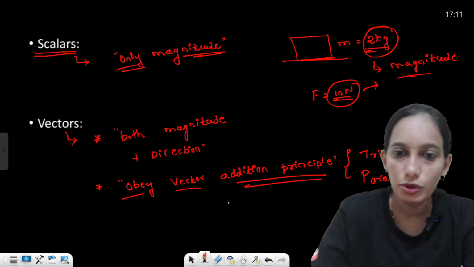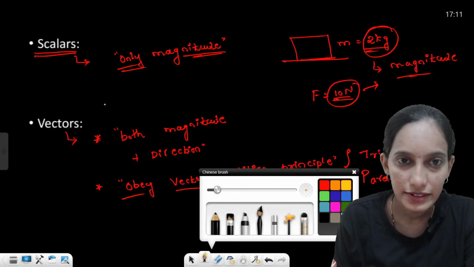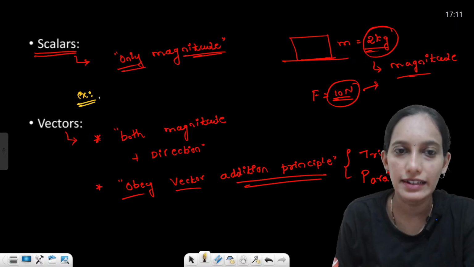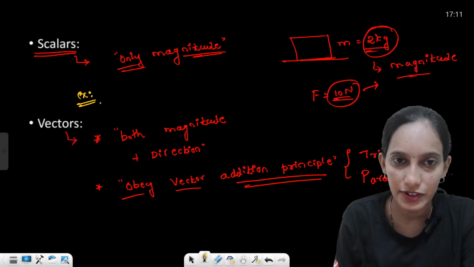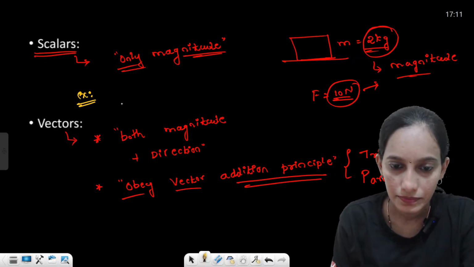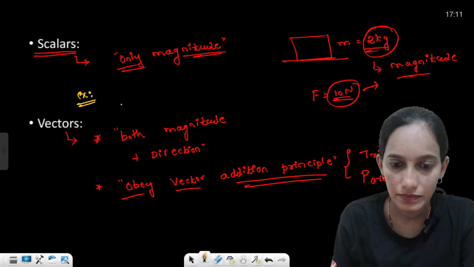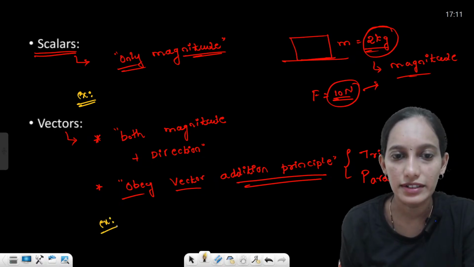So I think we can move ahead, or we'll just mention some examples. Can someone quickly tell me some examples for scalars? Any examples for scalars and vectors?